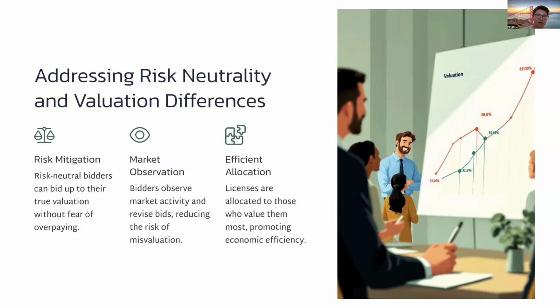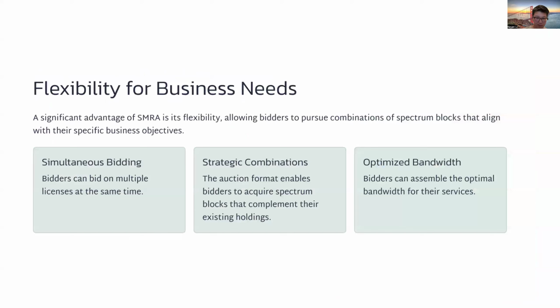Secondly, market observation: bidders can observe market activity, and it's very efficient. Licenses are allocated to those who value them most, promoting economic efficiency overall. And from a business needs perspective, it has the highest flexibility from my research.